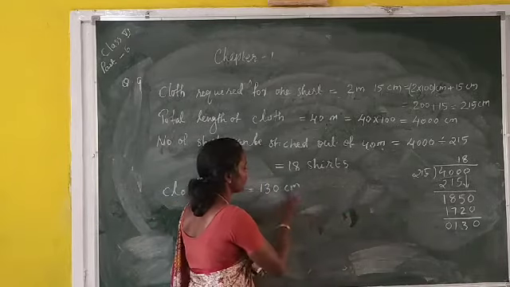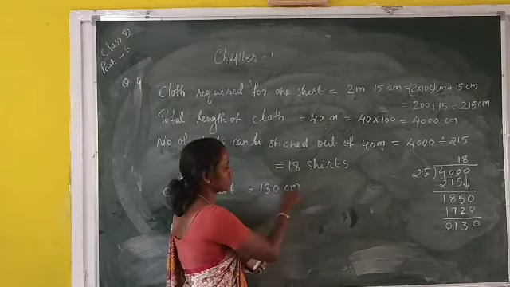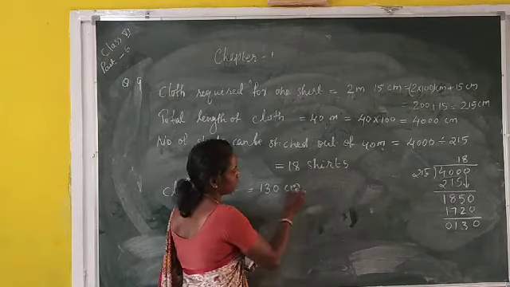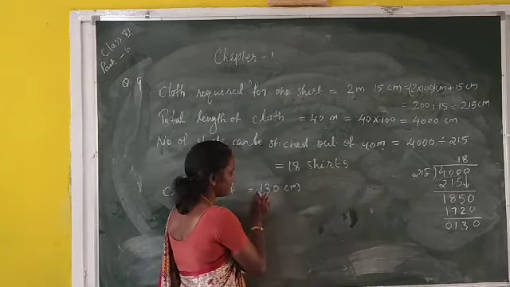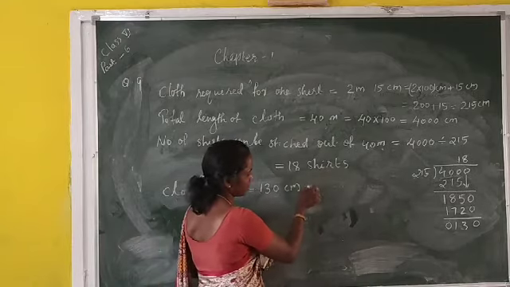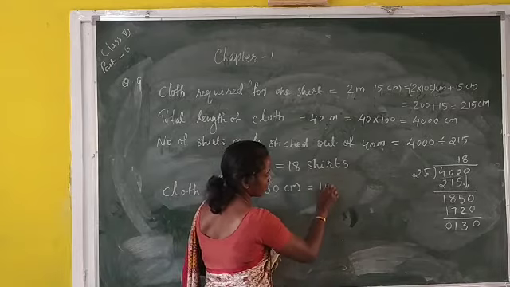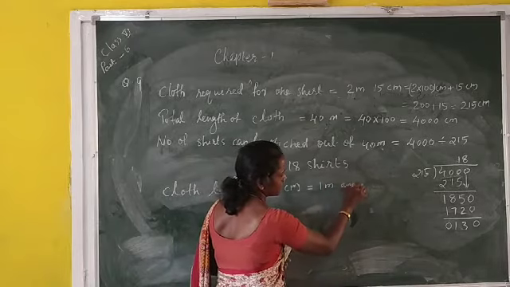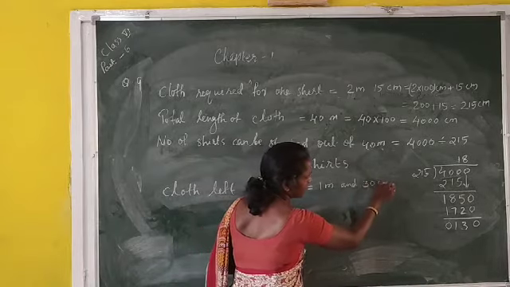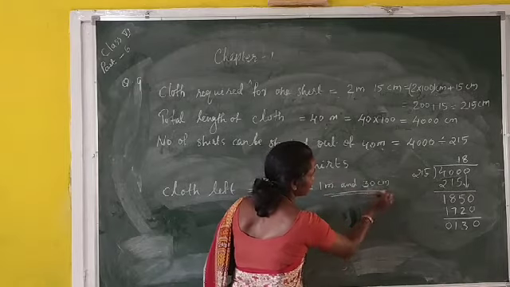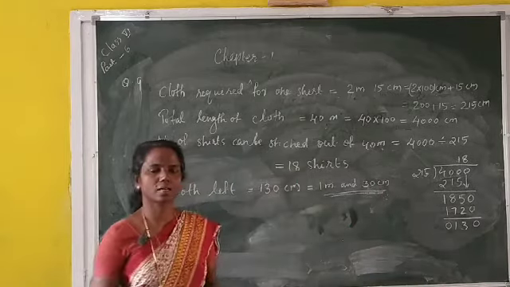Remainder here, 130 centimeter cloth left. This we can write in centimeter, and centimeter is equal to, we can write how many meter is this? 1 meter and 30 centimeter cloth left. Is it clear?